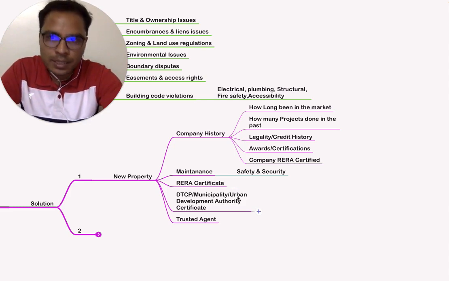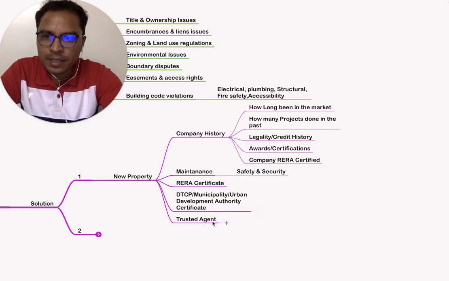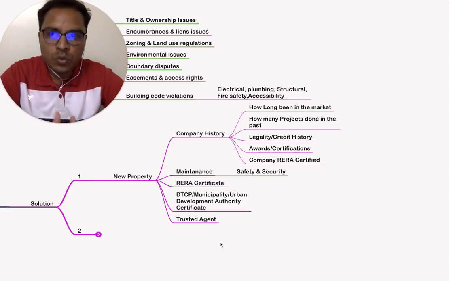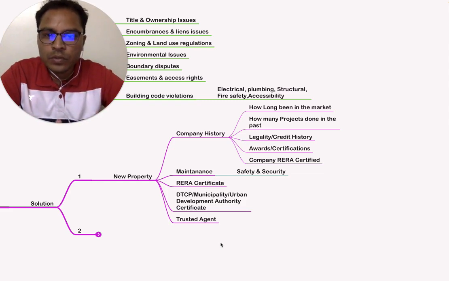And you need to find a trusted agent so that he can do all the work. If the agent is an expert, he knows more, and he can check all this before putting that property in front of you.